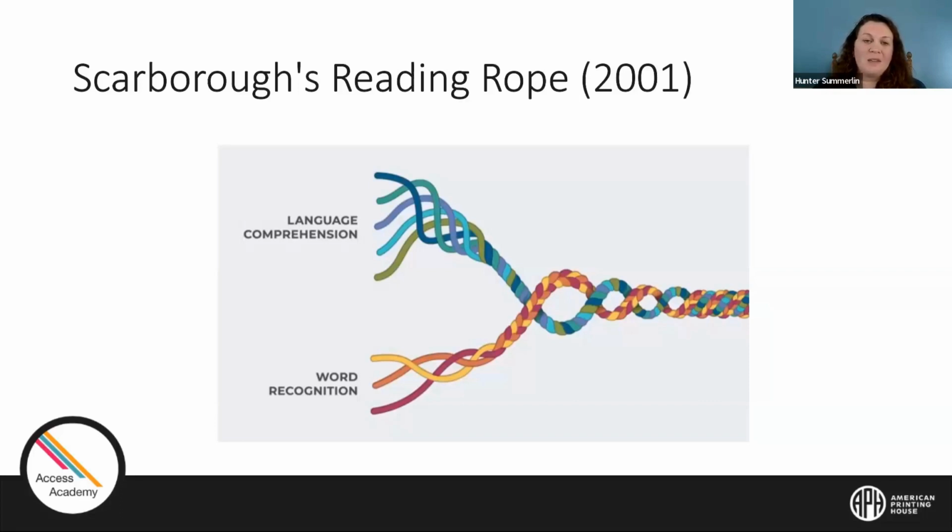So that is encompassed within language comprehension, which is represented at the top of this conceptual model labeled Scarborough's Reading Rope.